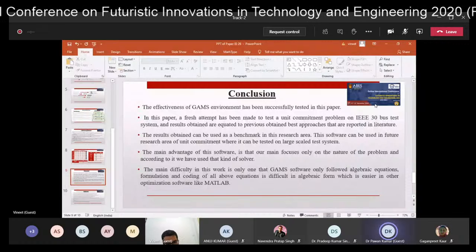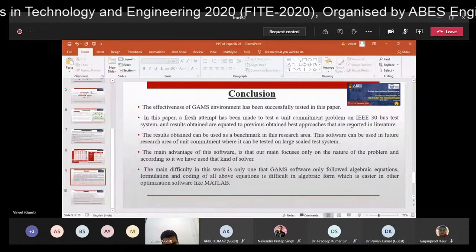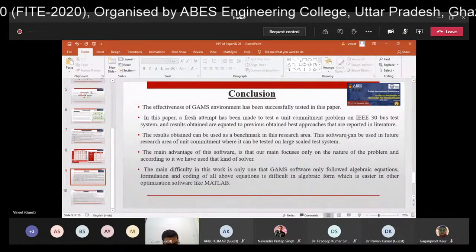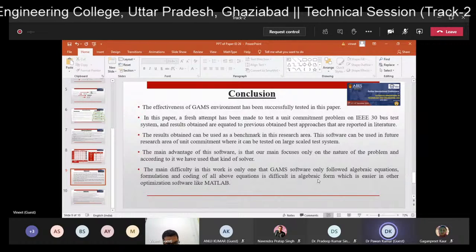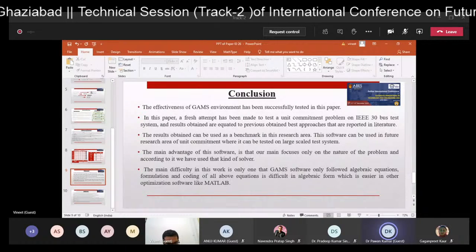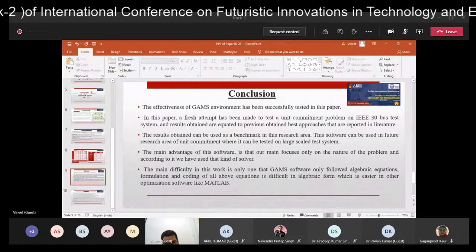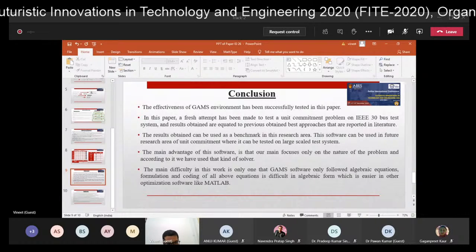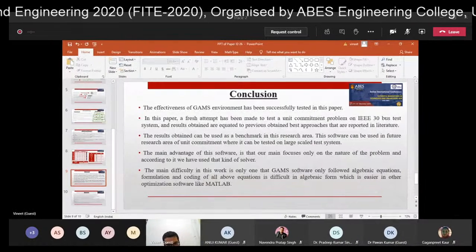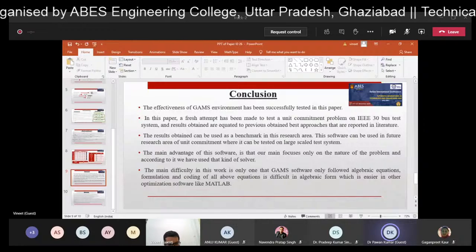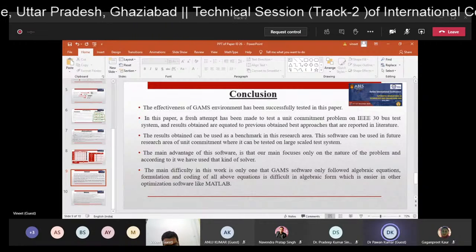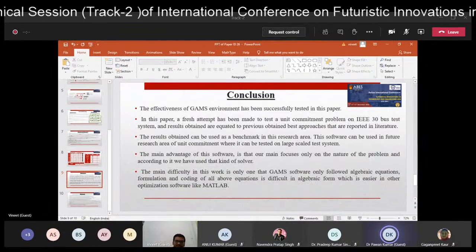MATLAB is a high-level language where you can easily model each and every equation, like a for loop or if-else, you can easily type if, for. But in GAMS, that facility is not there. We have to do this in the form of some algebraic modifications.